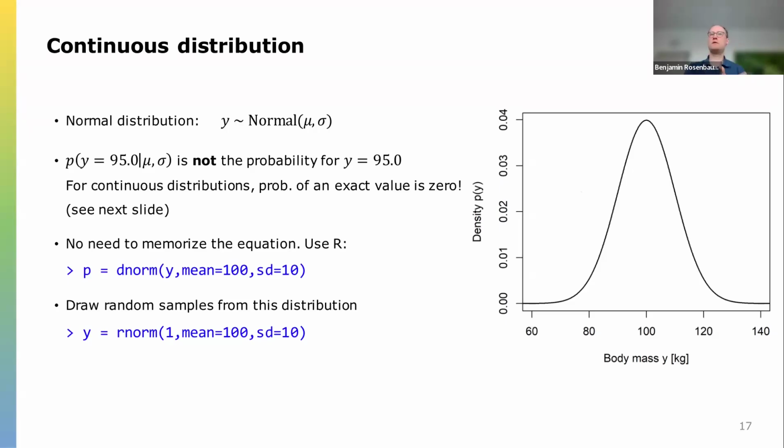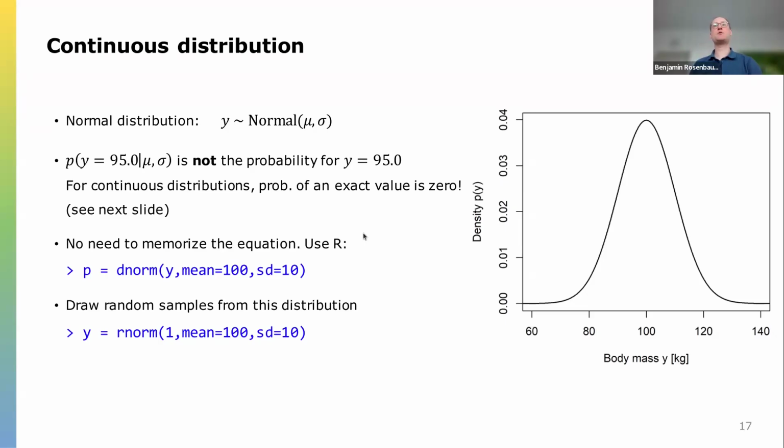If you have a scale that weighs the individual, and you put some random individual on the scale, and the scale has like 6 digits, the probability that it will be exactly 95.0000 kilograms is vanishingly small. So for a continuous random variable, mathematically speaking, the probability of hitting a value exactly is always equal to 0.